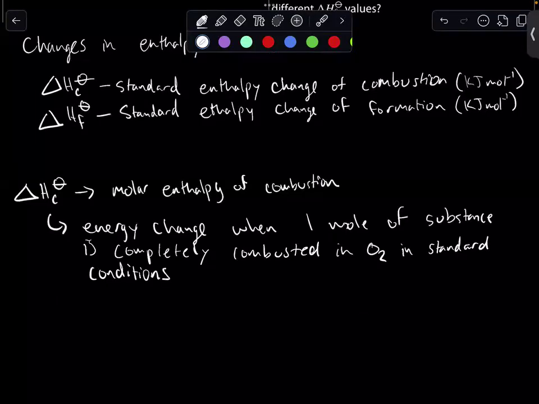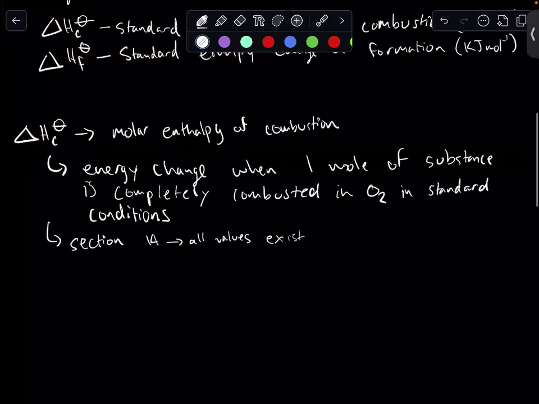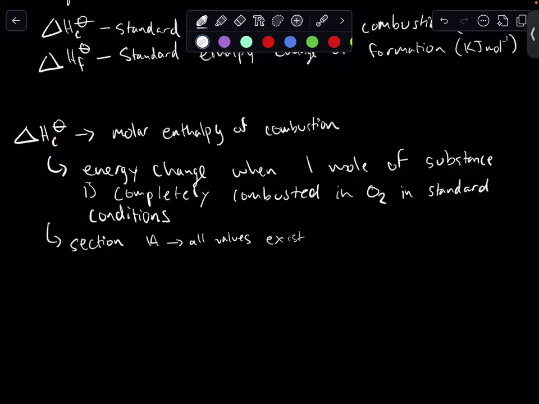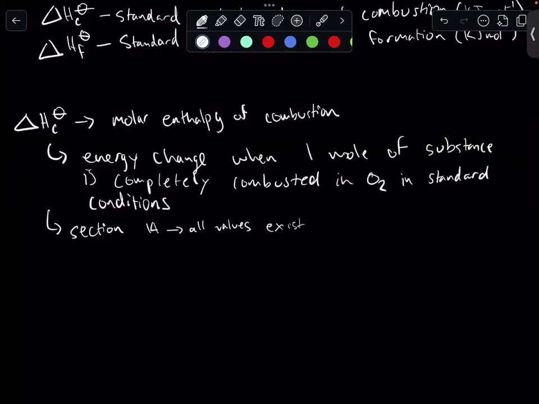One specific thing about this is that we just go straight to section 14 of the data booklet because section 14 is where all the values are. You don't need to memorize any of them, and we're going to go over how to use them, but section 14 is your best friend when you're dealing with the enthalpy change of combustion.